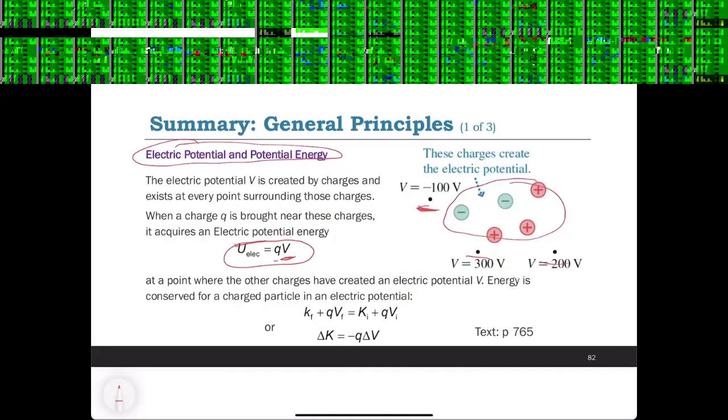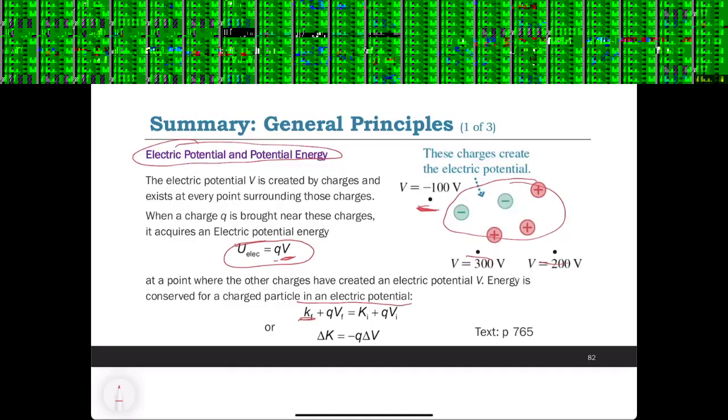At a point where the other charges have created an electrical potential V, energy is conserved for a charged particle in an electrical potential. We talked about the electrical potential energy and the conservation of electrical potential energy.